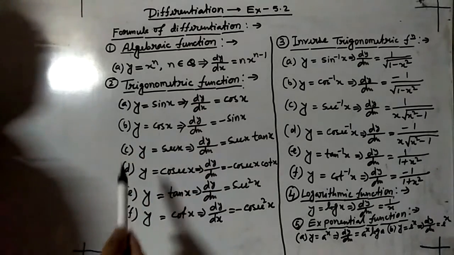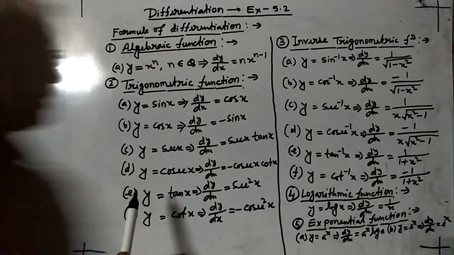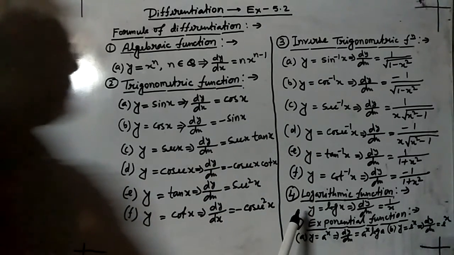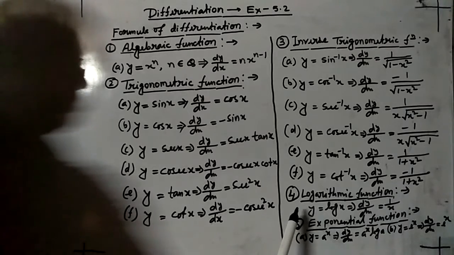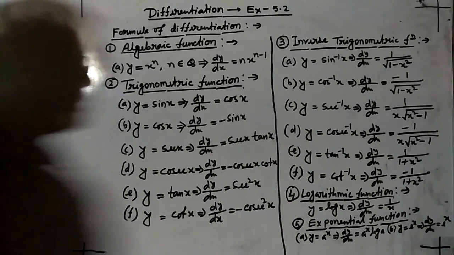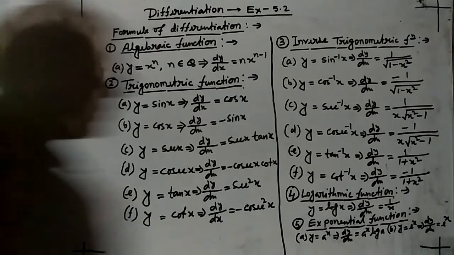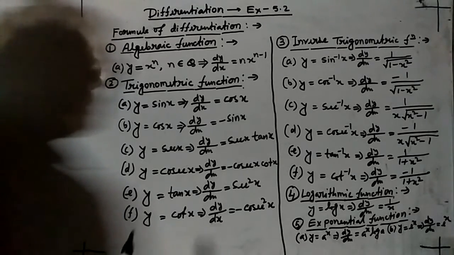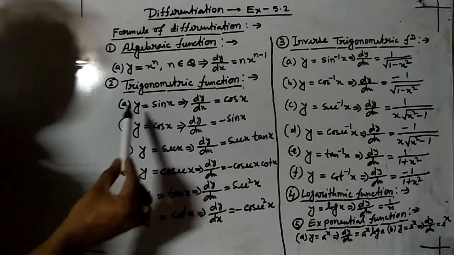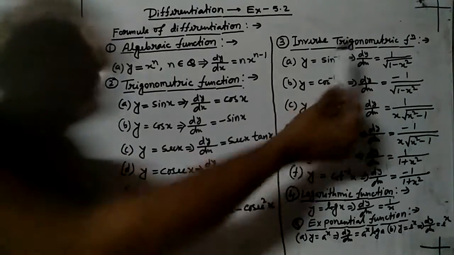These two types of functions you got in class 11. Here 3 more types of functions and their derivatives we have to know. Okay, inverse trigonometric functions, in chapter 2 you will get this topic. Here you will not face problem if you don't know. Only you have to remember the inverse of a trigonometric function is an inverse trigonometric function.